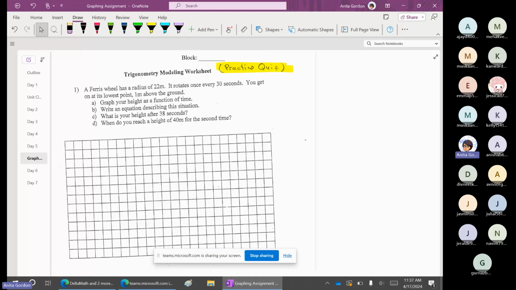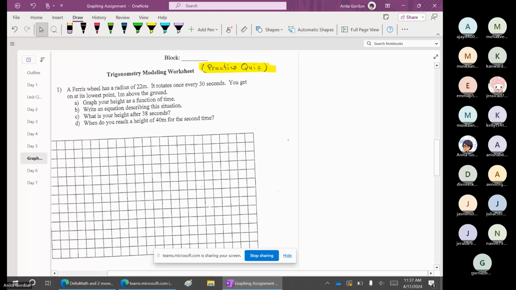You get on it at the lowest point, which is 1 meter above the ground. Part A, graph the height as a function of time. So graph the rotation. Write an equation describing the situation. And then C and D is we're going to use the equation to solve for pieces of stuff. So let's focus on the drawing part.